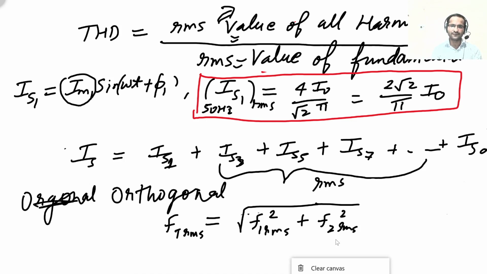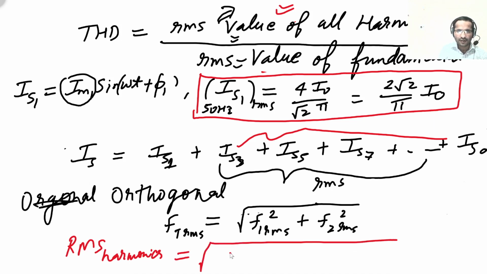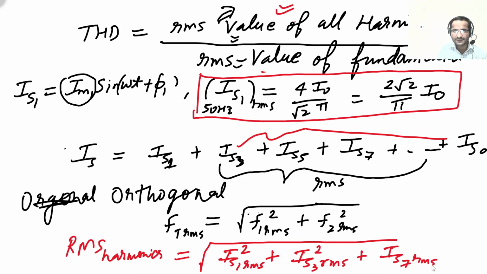So likewise, if we find the RMS value of all these components, the numerator, the RMS of harmonics, is the square root of IS3 RMS squared plus IS5 RMS squared plus IS7 RMS squared and so on.